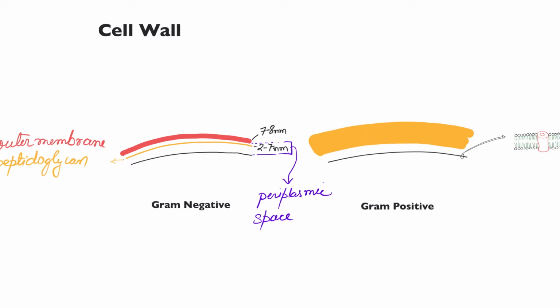Positive has a huge thicker cell wall above the plasma membrane, whereas the negative has a thinner, right, a thinner peptidoglycan layer and an outer membrane.